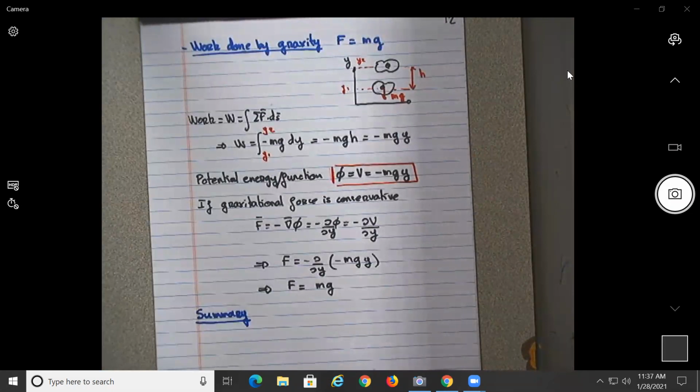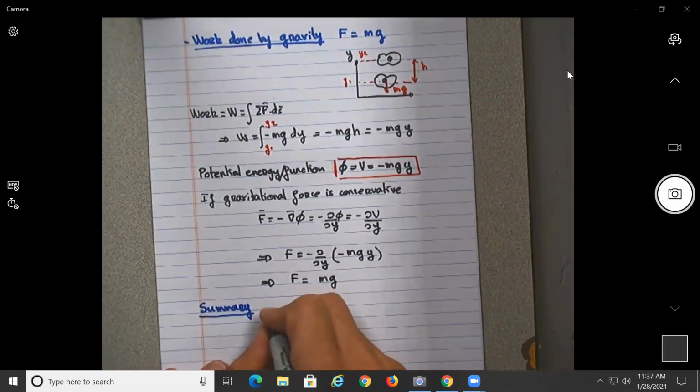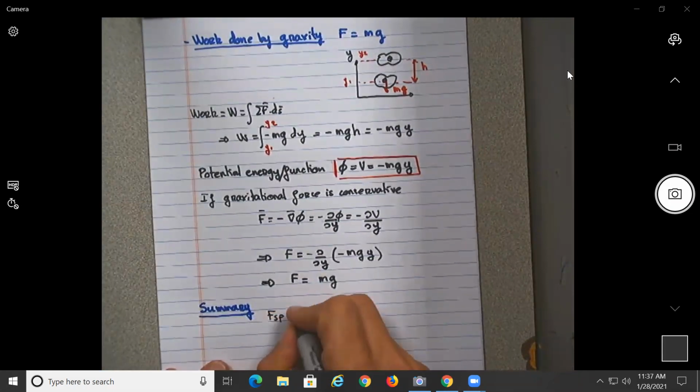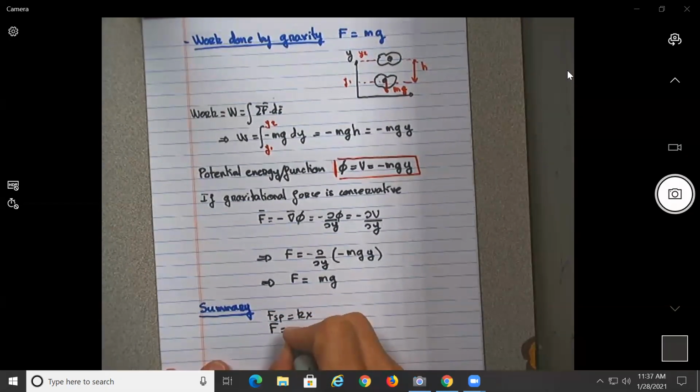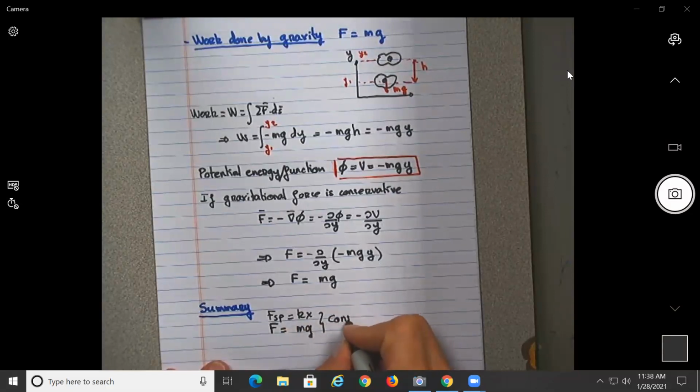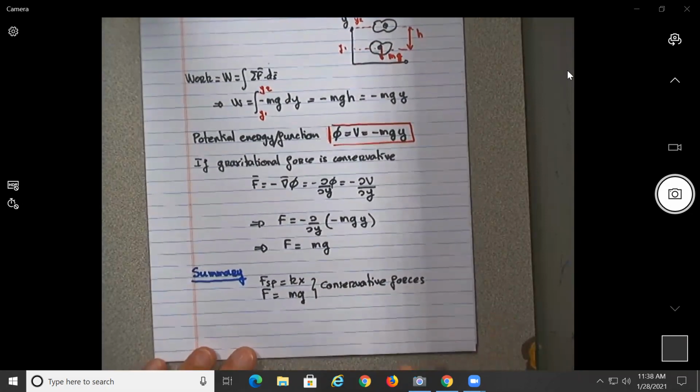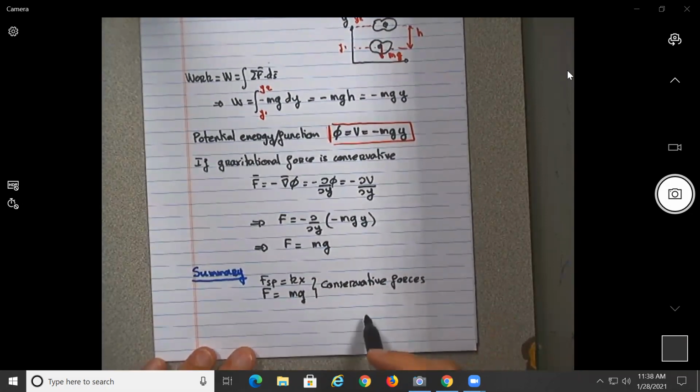So in summary, we say that F of the spring, kx, and F due to gravity, mg, are conservative forces. So that implies that you can write them as a function of a potential function.